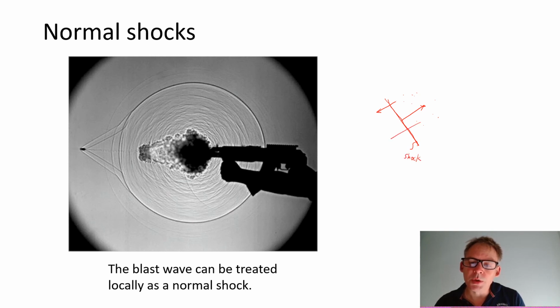They move perpendicularly. So the angle between the streamline and the shock itself, these are streamlines relative to the shock, that angle zeta is 90 degrees, and that's why it's called a normal shock.